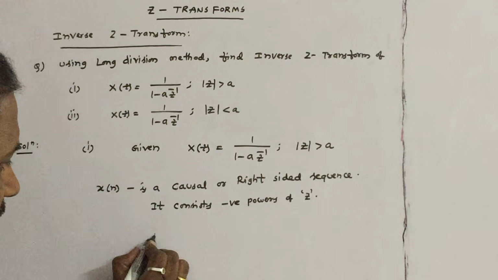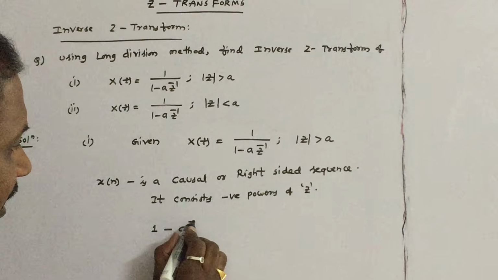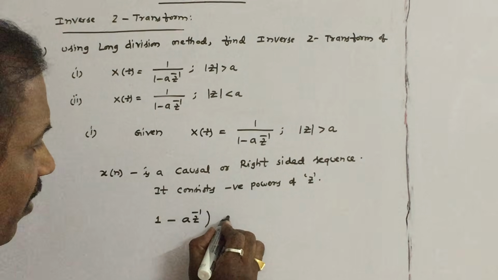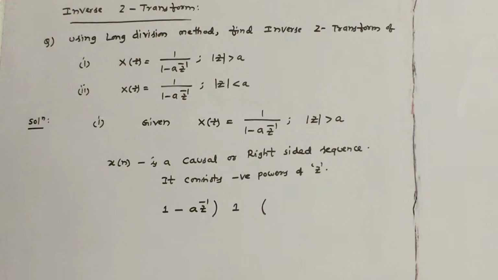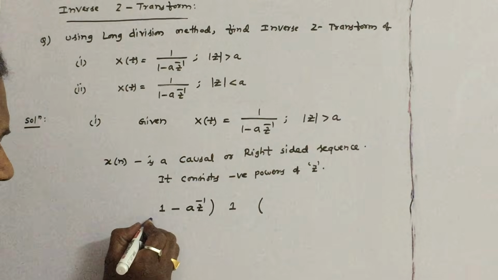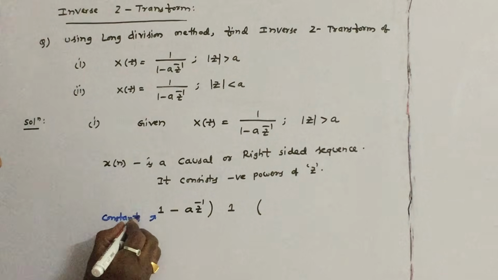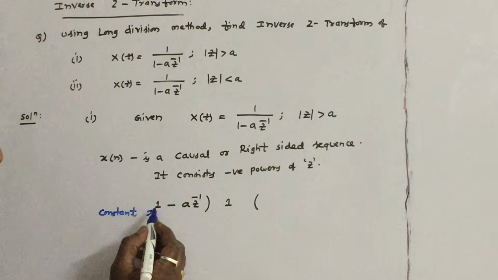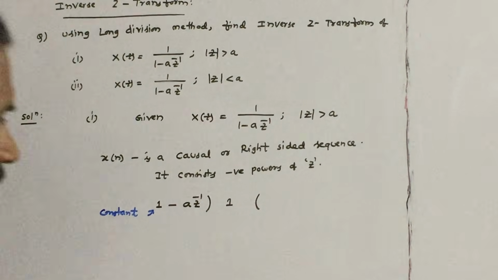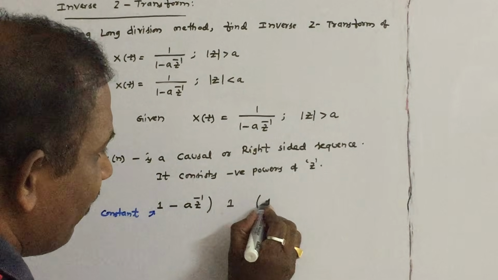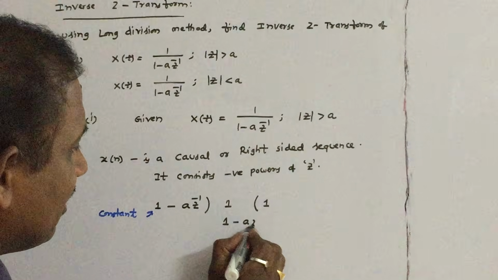So let us write the denominator: 1 minus a z inverse, and the numerator is 1. To get a causal or right-sided sequence, always start the denominator with a constant. Remember this hint. To get 1 here, multiply with 1. So 1 into 1 is 1 minus a z inverse.